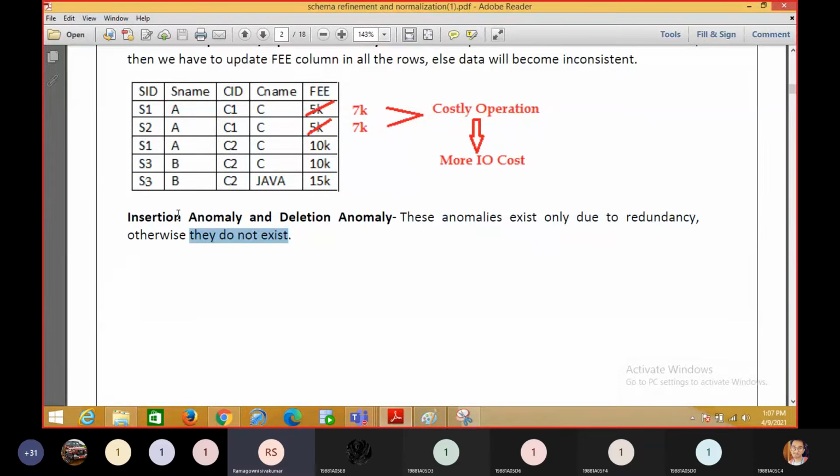Okay, redundancy problems. Because of redundancy, if you are trying to insert one piece of data, for example a course that all students have not taken, you are inserting some dummy data. Dummy data means it should be duplicate, right?